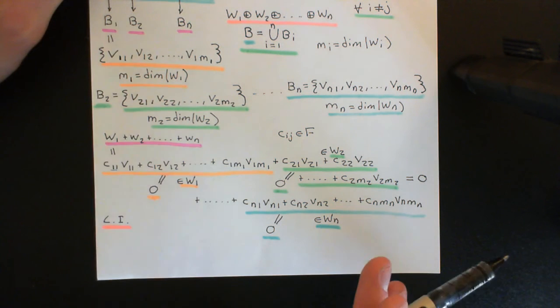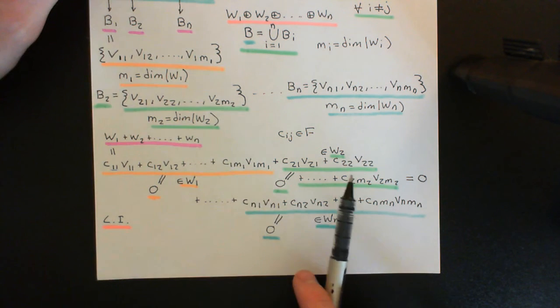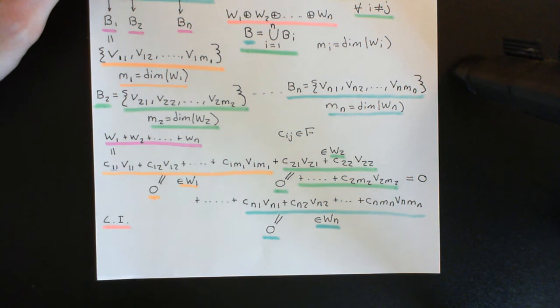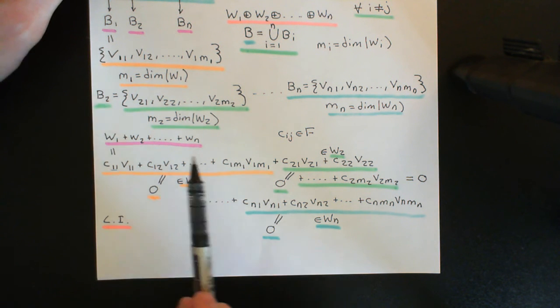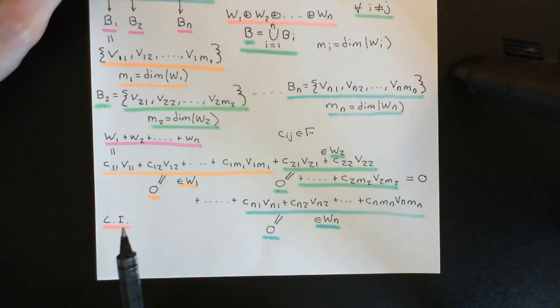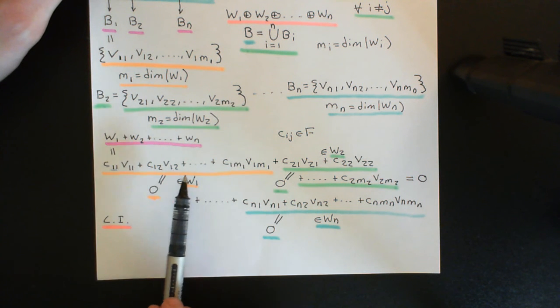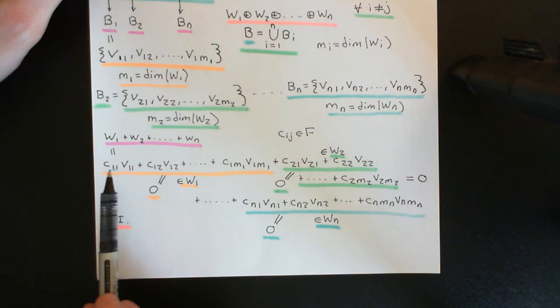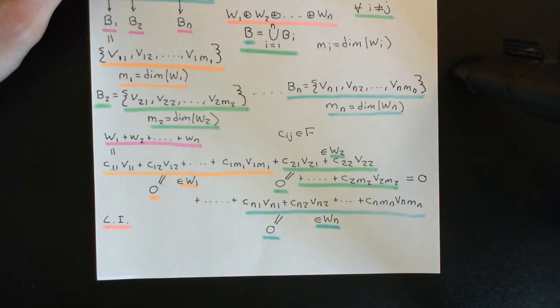Okay, so here is the argument as to why you can only have a trivial linear combination giving you the zero vector for this set capital B. It's because the subspaces are independent, so that means that if you're adding an element of capital W1 to an element of capital W2 all the way up to adding an element from capital Wn to get the zero vector, they all have to be the zero vector, and the only way you can get the zero vector from a linear combination of the basis vectors in each subspace is for them all to have the coefficient 0, basically, for it to be the trivial linear combination.